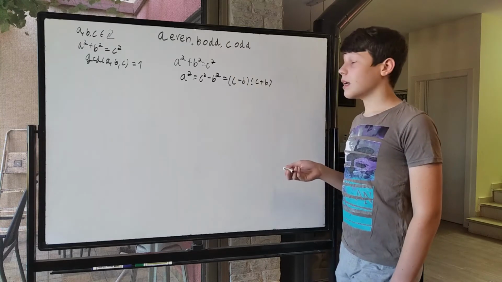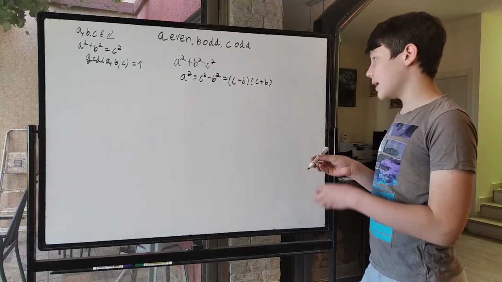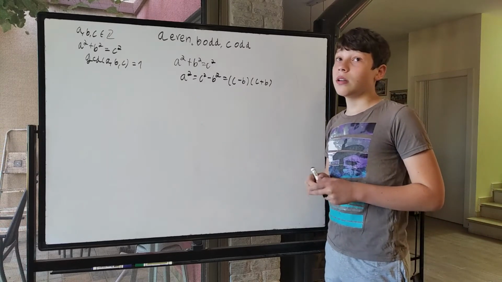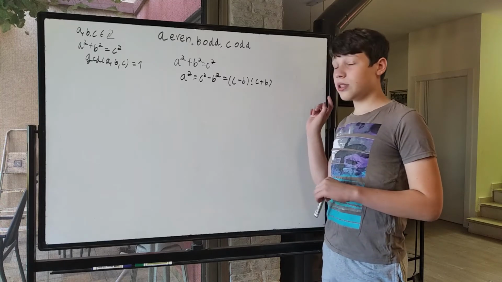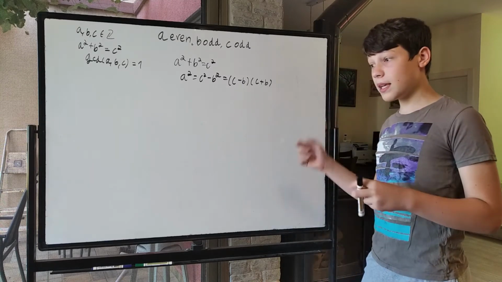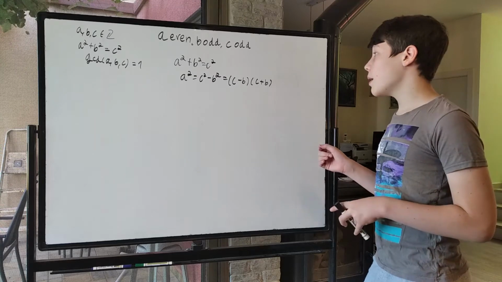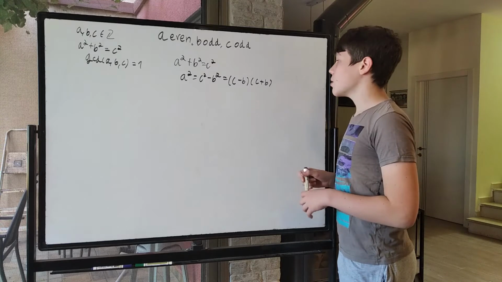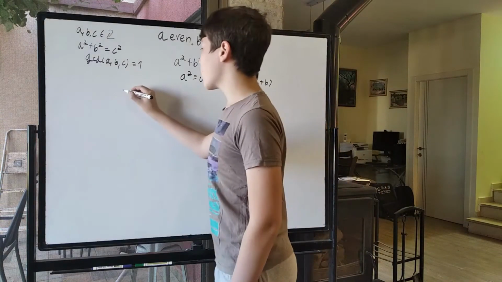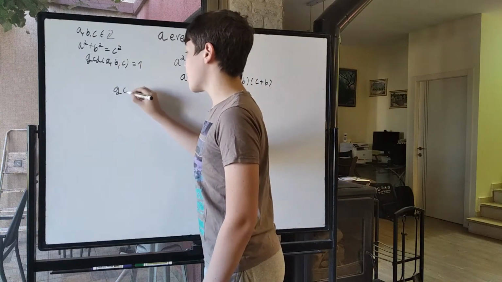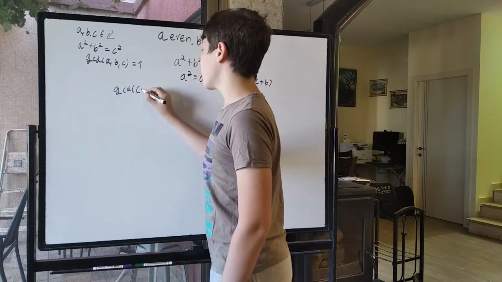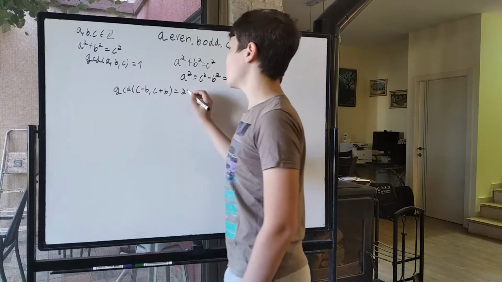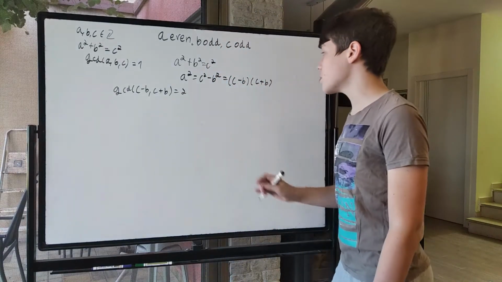But maybe if we show that the biggest common divisor, and that not only 2 divides both of these, but it's the biggest one that divides both of them, we'll be able to perhaps divide by 4 and still be able to use what we wanted to use. So our goal now is to prove that the GCD of C minus B and C plus B is 2. No more, no less. Exactly 2.